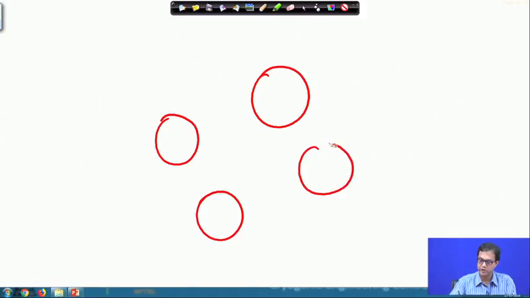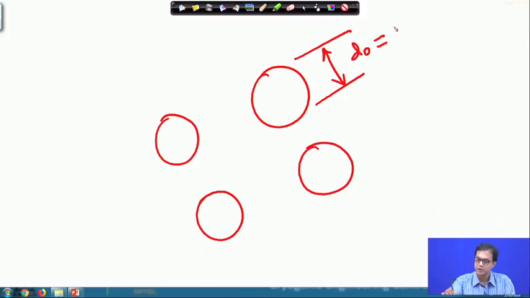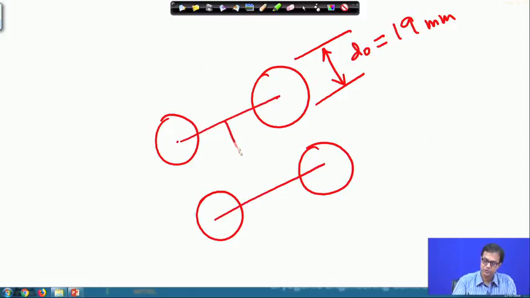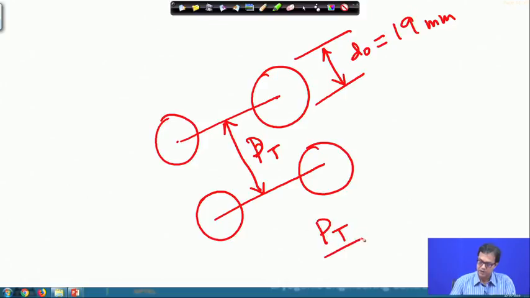The OD of each tube is D 0, given by 19 mm, and between these two is the pitch PT, and PT by D0 is given as 1.25.